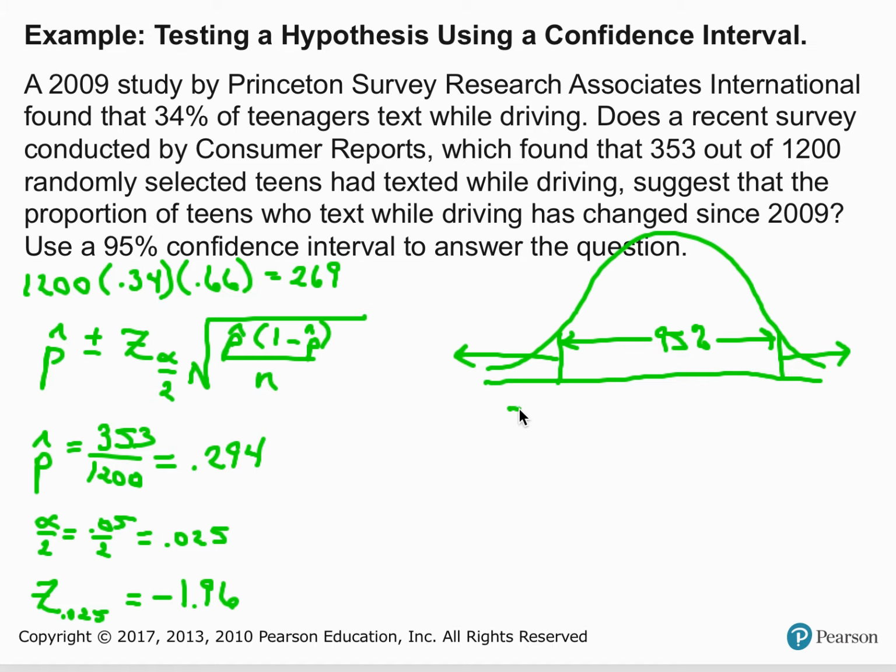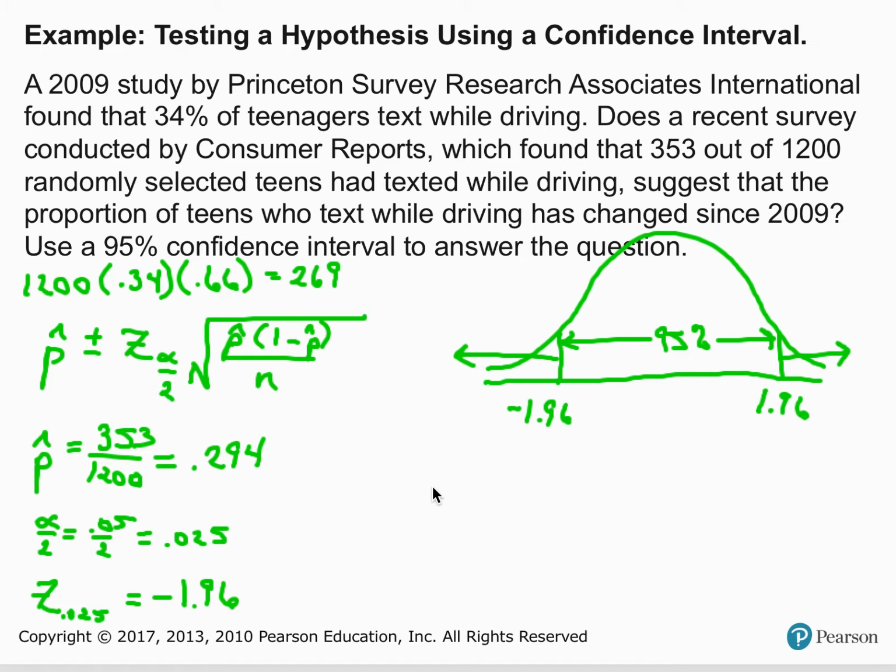So that means this is negative 1.96, and over here I have 1.96, right? Okay, so if I plugged those into here, my p hat and my 1.96, I would do a plus and a minus, I would get my bounds.